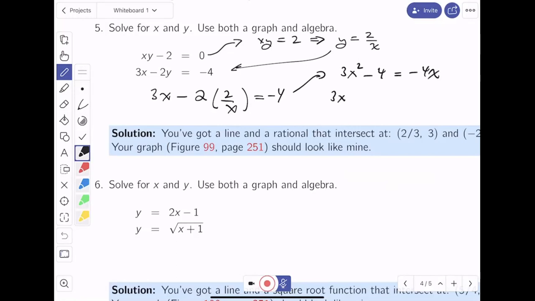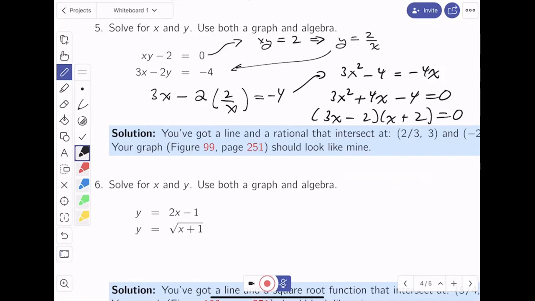So you would get 3x squared plus 4x minus 4 equals 0. I'm going to try to factor it. 3x and x, not much choice on that, is there? And I can say 2 and 2, maybe. Let's take a look. And plus and minus, I'm going to check it. 3x squared looks good. 6x minus 2x is 4x.